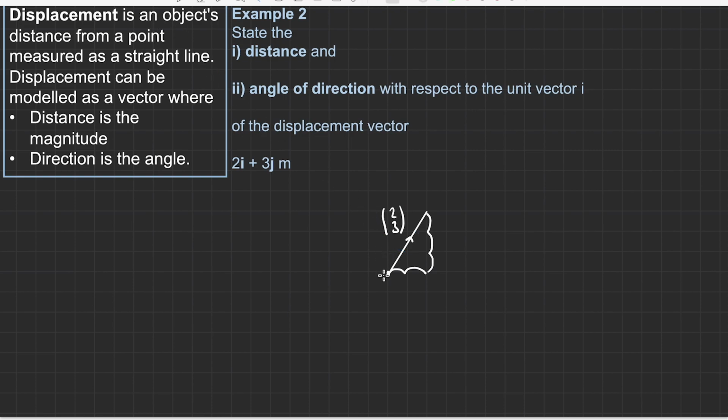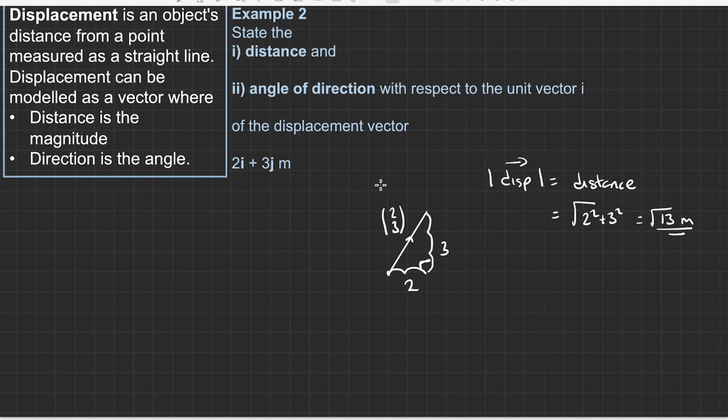The magnitude of a displacement is going to be given as the distance. You can work out the magnitude, again, using Pythagoras, where it's 2 in the i, or 2 horizontal, and 3 vertical, and here's your right angle. So the square root of 2 squared plus 3 squared, which is root 13 meters.